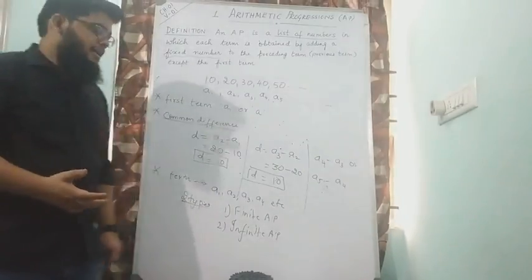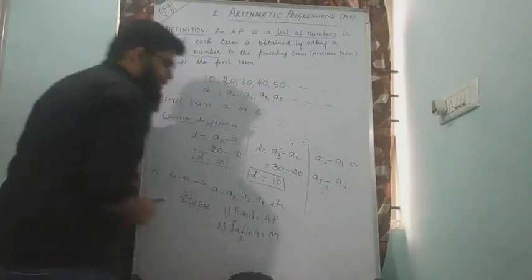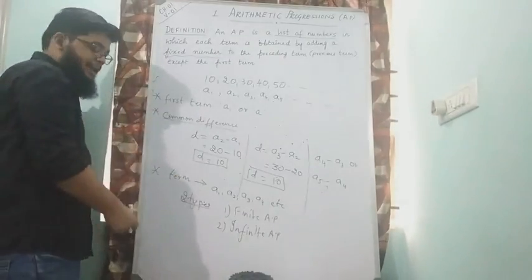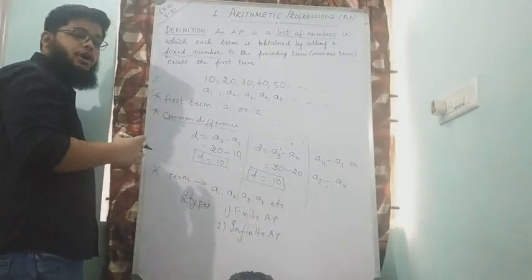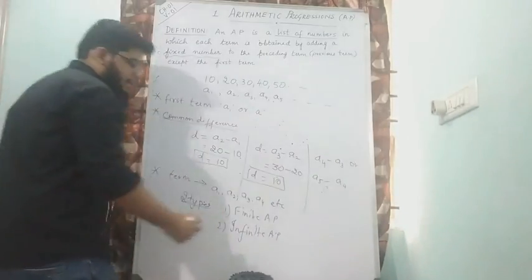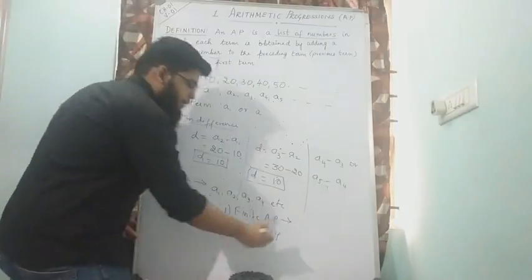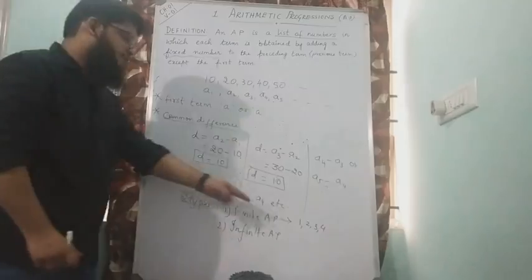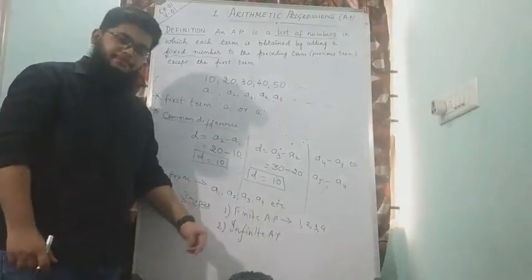But if I ask you to count the number of hairs, you cannot count it, and therefore you call that infinite. Similarly, in AP, if you can count the number of terms, you call it finite, and if you cannot count or don't know how many terms are there in the AP, you call it infinite. An example of finite would be 1, 2, 3, 4. There are 4 terms in this AP.